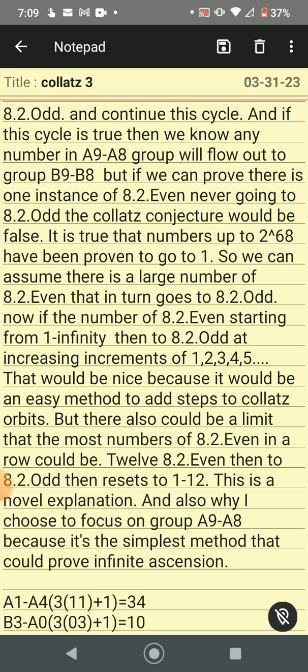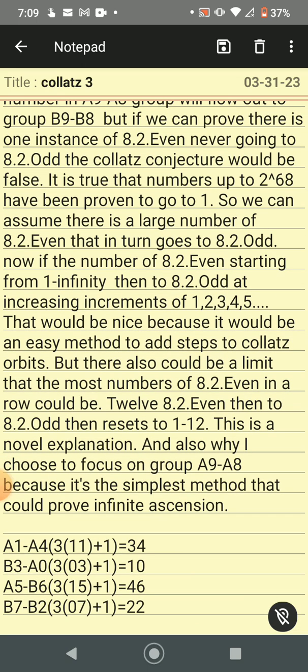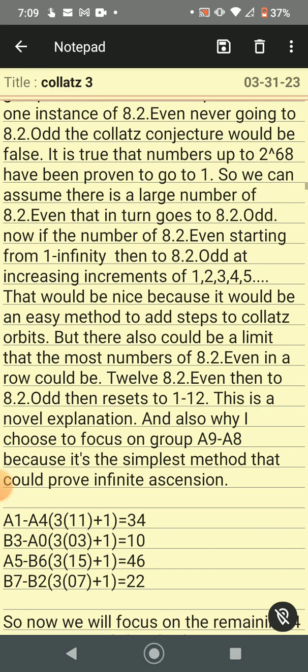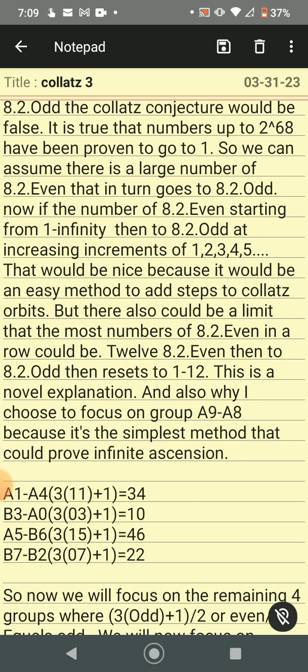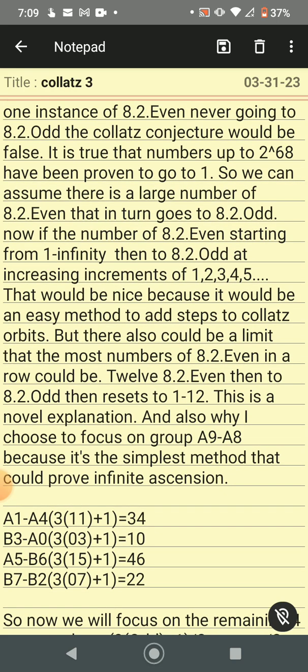Now, the number of, and I was just talking about this, just adds to the collatz orbit, and it might not even increase specifically in that pattern.